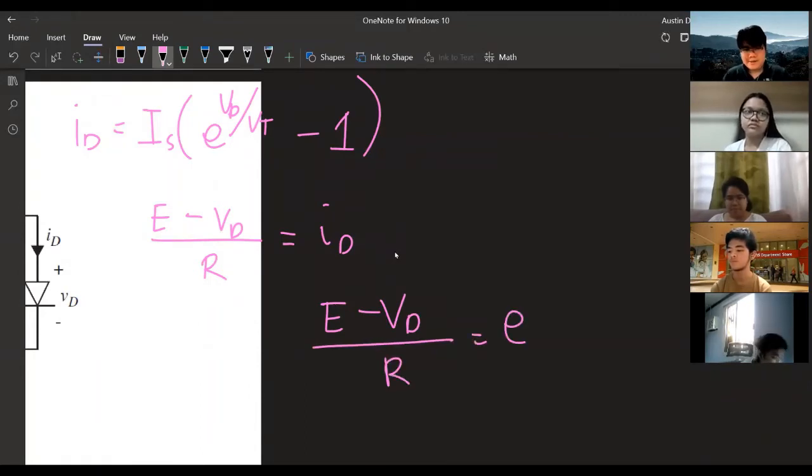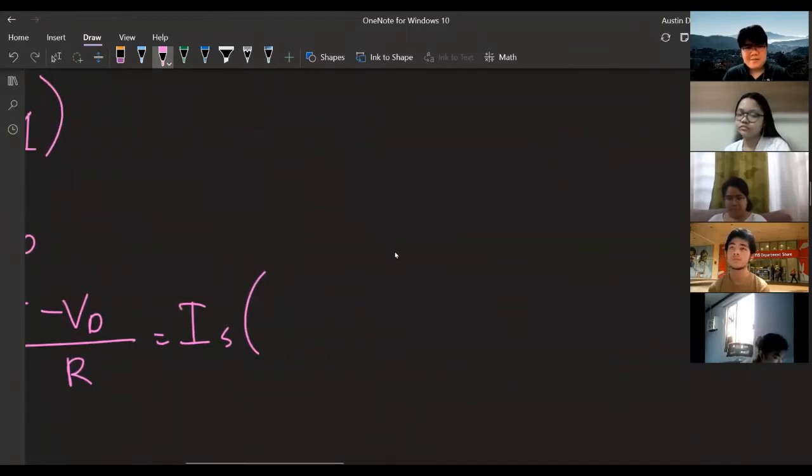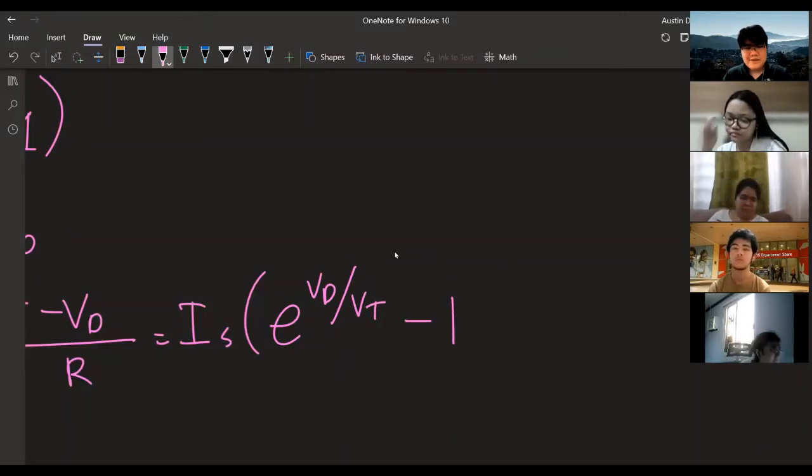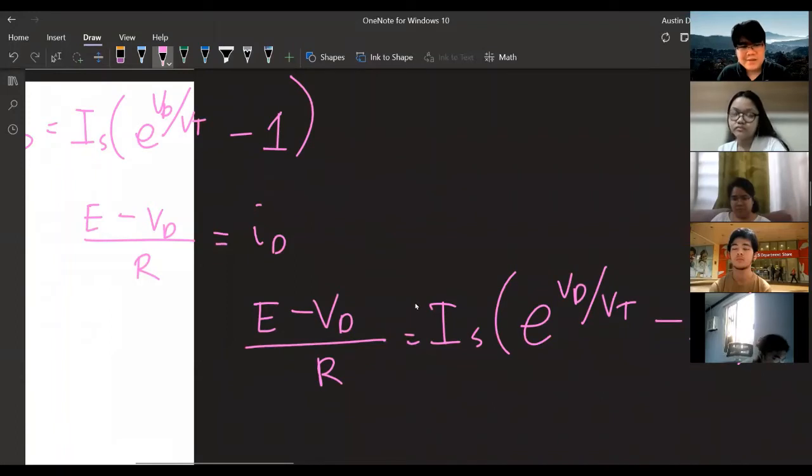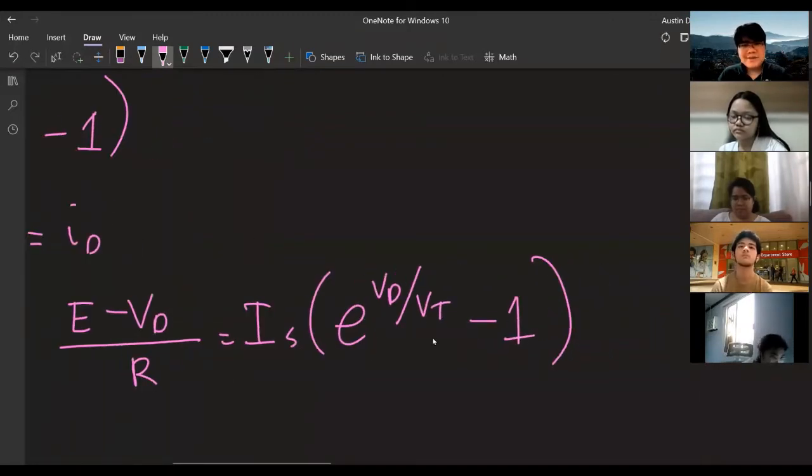And as you can see, VD, VT, ganyan siya, di ba? Now, how do you solve for VD? Problematic to, di ba? Dito, simpleng solving lang. Hassle. Well, pwede naman solve computer, di ba?